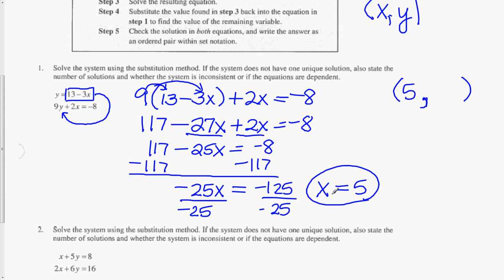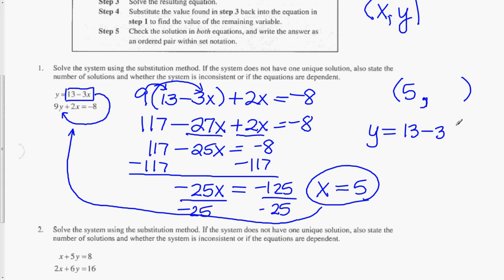Well, what you do is you take the x part that you just found, and we're going to go up here and use x in either one of these equations. Whichever one looks easier for you to work out, that's the equation I want you to choose. I'm going to choose the first equation. So y equals 13 minus 3 times, now I know x is 5.